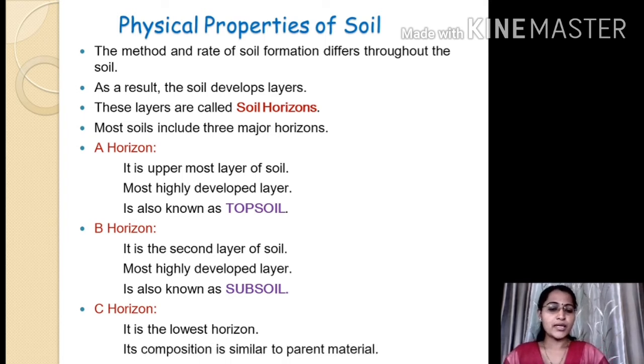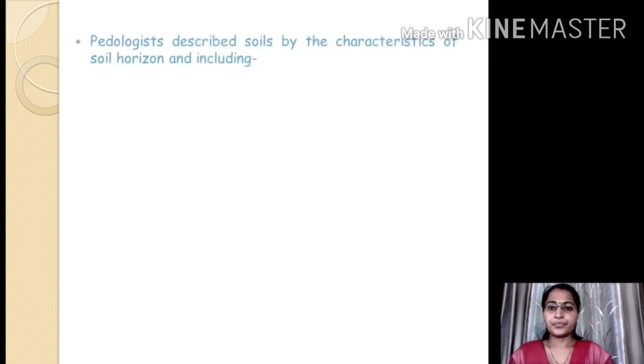Its composition is similar to parent material. That means today we focus on the soil horizons and we see the three horizons, A horizon, B horizon and C horizon. Topsoil is the name for A horizon, while B horizon is also known as subsoil.